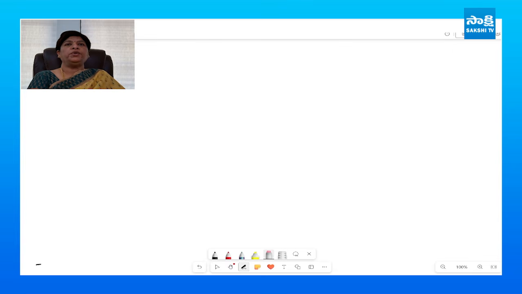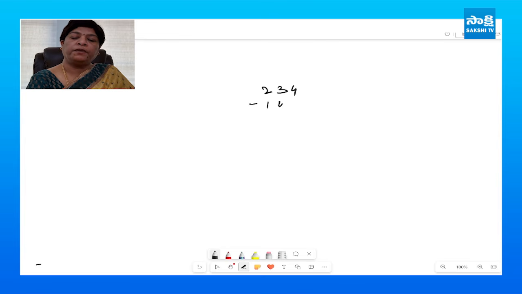Now let's see how to use Nikilam Sutra for subtraction. With an example, let's take 2, 3, 4 minus 1, 4, 7. So we are trying to subtract 1, 4, 7 from 2, 3, 4.